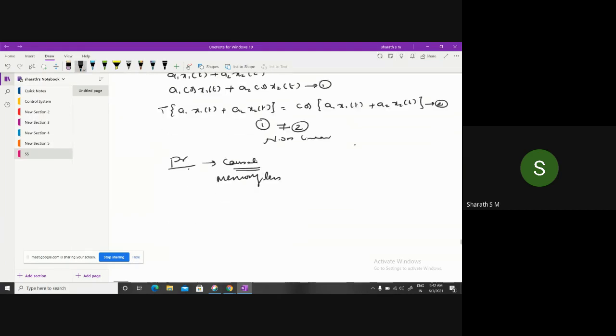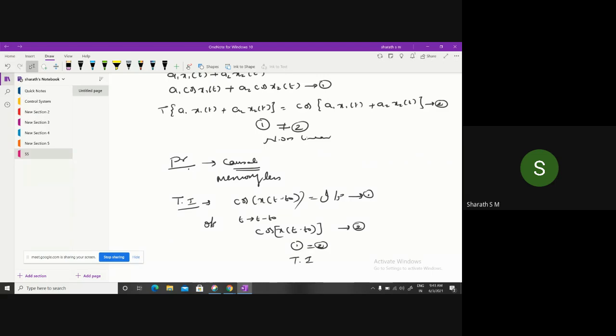And then check for time invariance. On the input side, it is cos of x of t minus t naught. On the output side, wherever we have a t, replace t by t minus t naught. So that is cos of x of t minus t naught once again. So equation 1 is equal to 2, the system is time invariant.